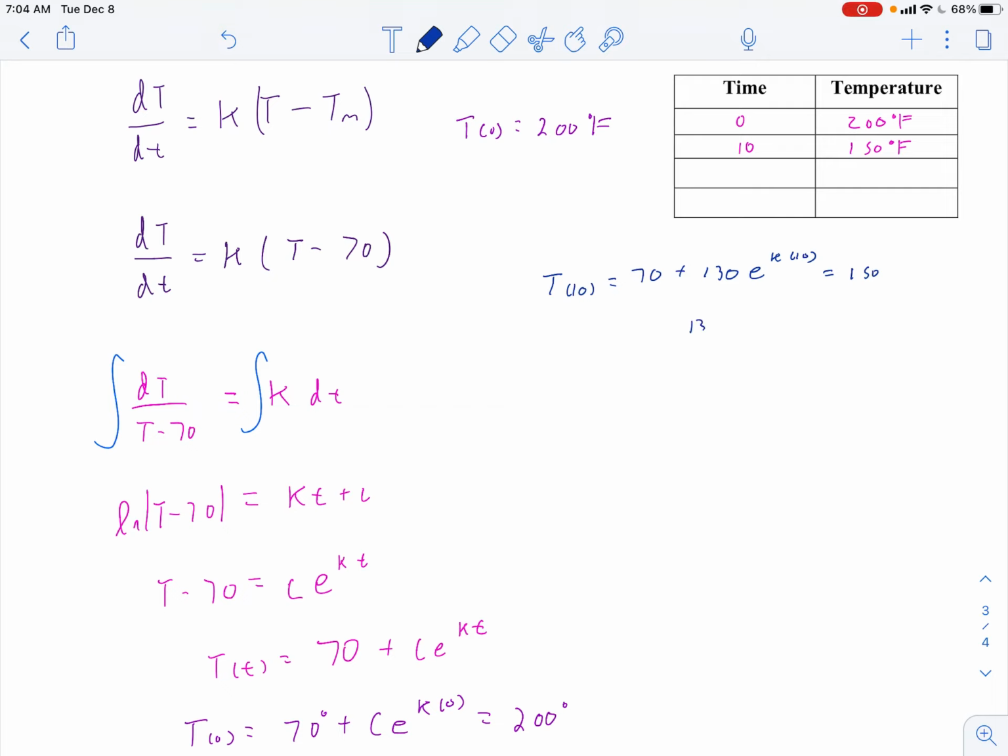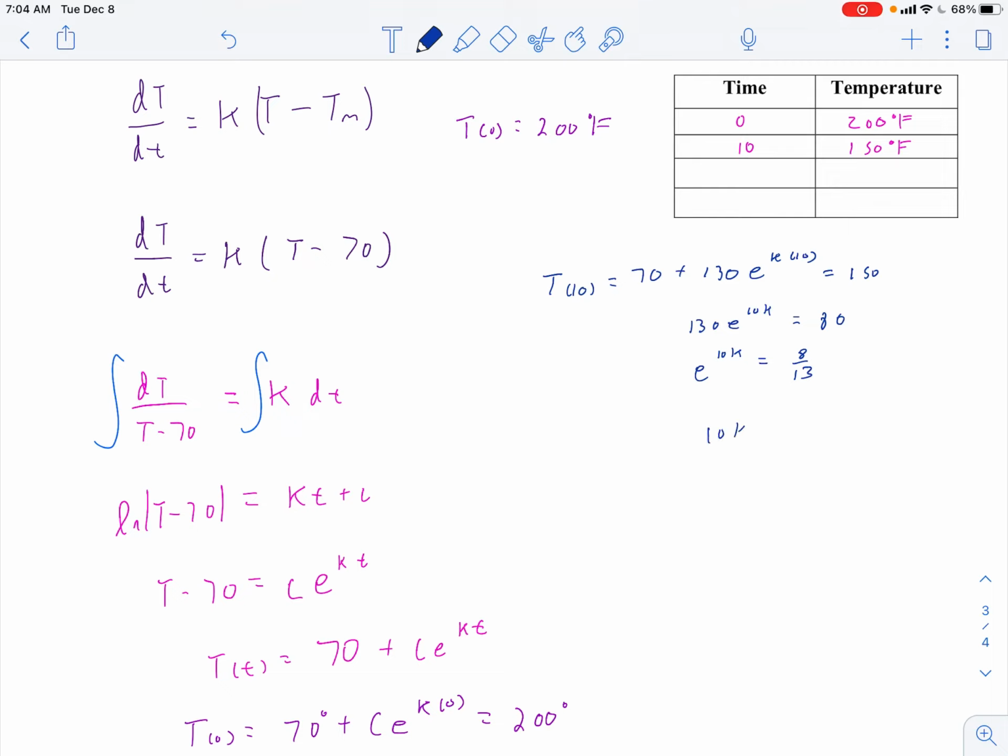All right, so let's go ahead and solve. Subtract 70 from both sides, and we're going to get 80. Divide both sides by 130. We get e to the 10k is equal to 8/13.